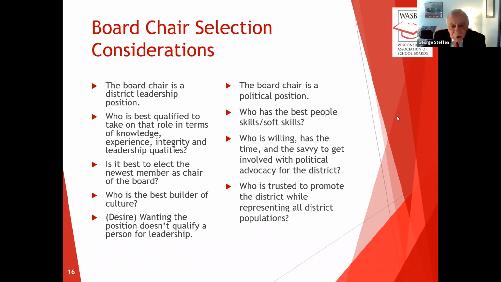It's obviously a leadership position, but look at the second bullet point: knowledge, experience. They may have integrity and leadership qualities, but they don't have that background. They haven't been on the board, so they don't know some of the things the board has been working on and some of the background information that the board has dealt with.